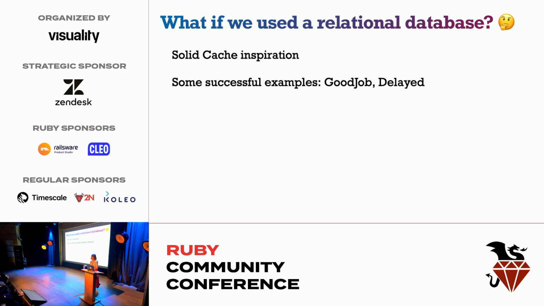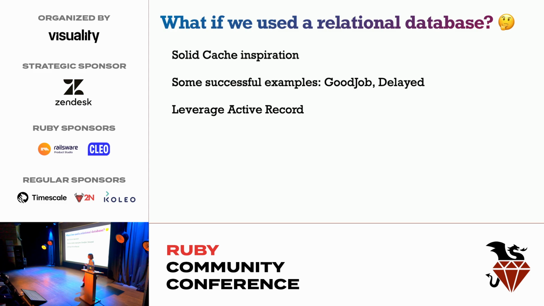So anyway, we thought, okay, what if we build a new one? That could be a good thing because we could leverage Active Record. Many queuing systems are quite complex, because they were not built for Rails necessarily. They were built to be used with any Ruby application, so they don't use any Rails-specific stuff.